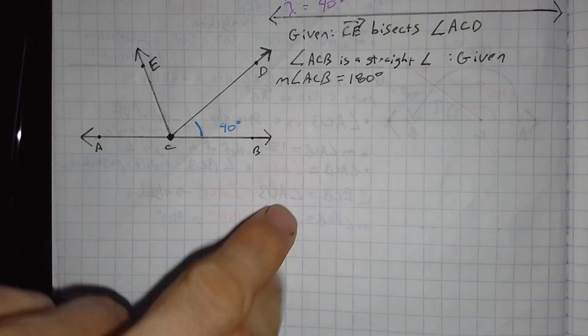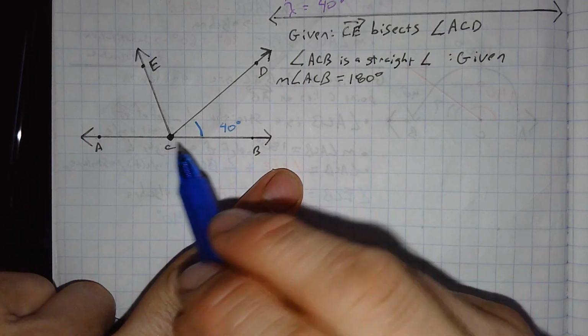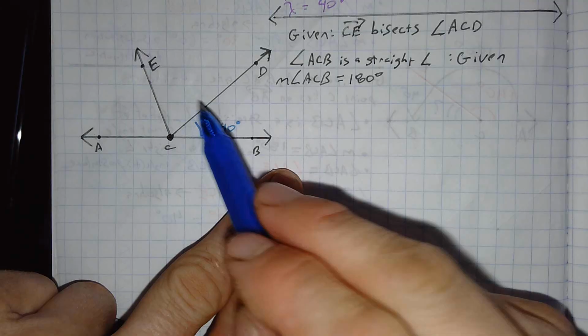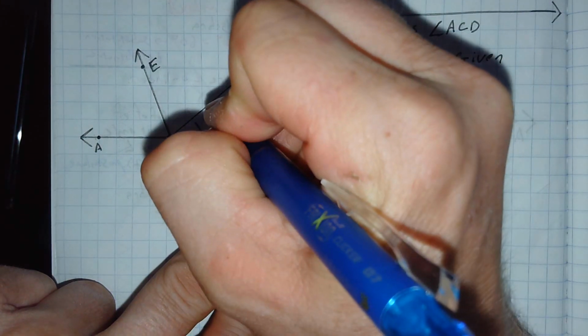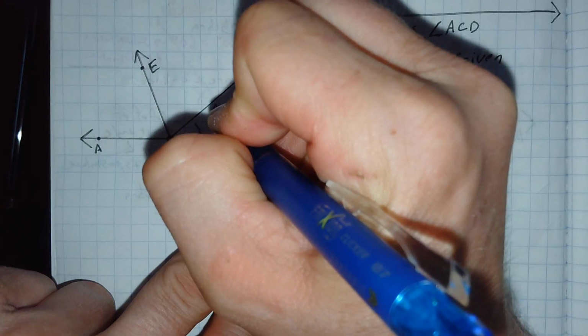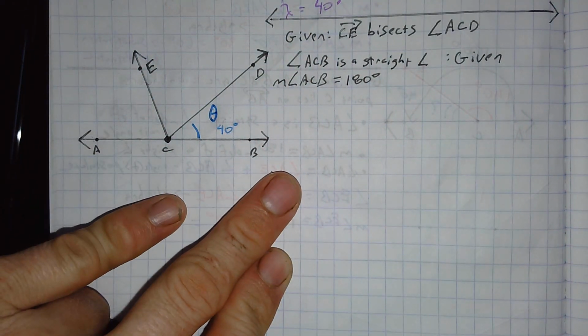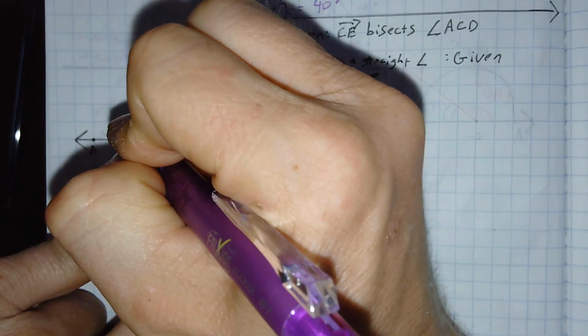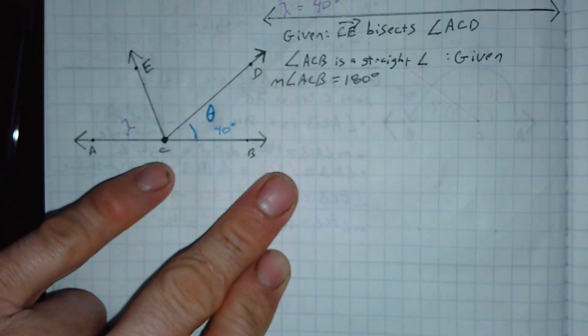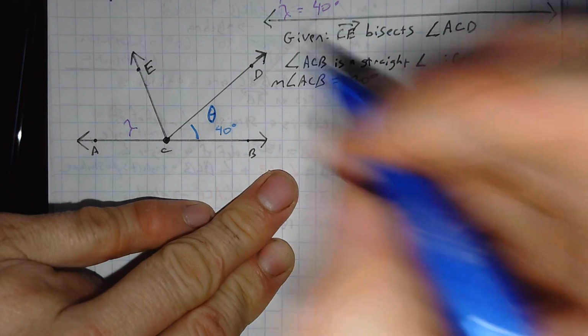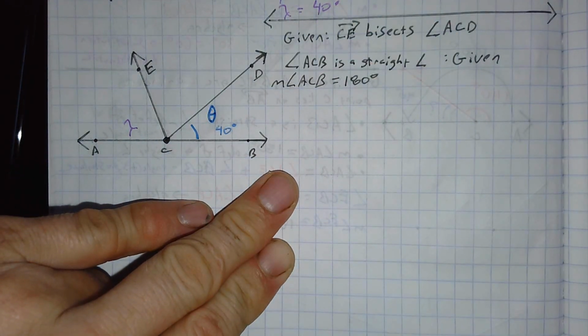Okay, another thing that is given to me, and I'm going to start naming these angles in Greek letters. I'm going to name this one theta. I'm going to name angle ACE lambda. And I'll name angle ACD, with a red, as gamma.